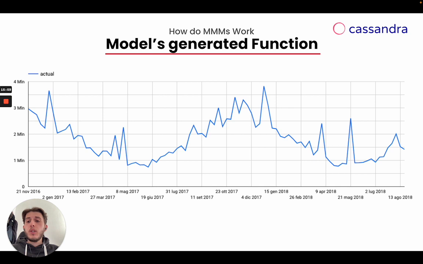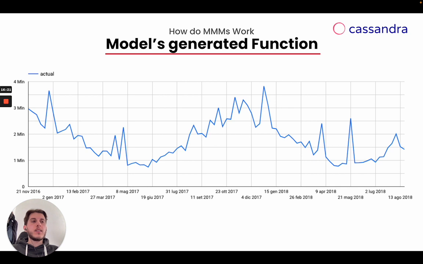Okay, what we do with marketing mix modeling is trying to derive an equation from this time series that best describes our sales variation. And the equation will use all of the input variables that we give the model to describe the sales.